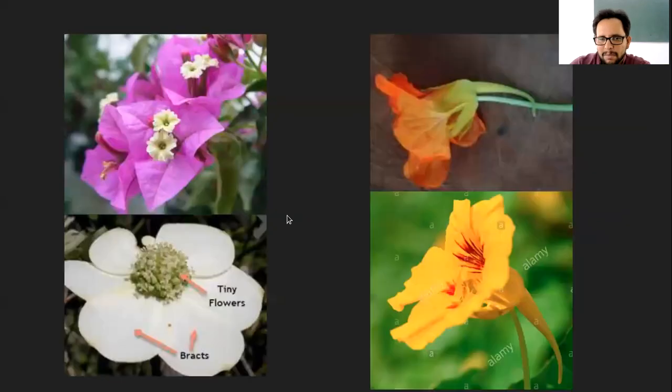For example, in this bougainvillea, the white part is the actual flower, and these are the bracts. So this is a different structure altogether. It is neither a petal nor a sepal, but a separate structure called bract, within which the flowers are located.